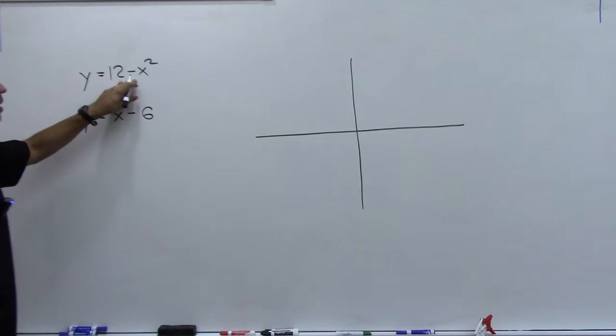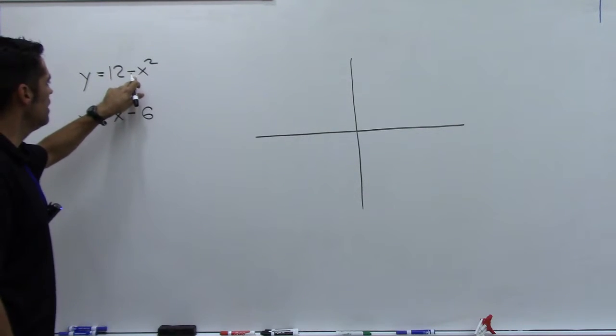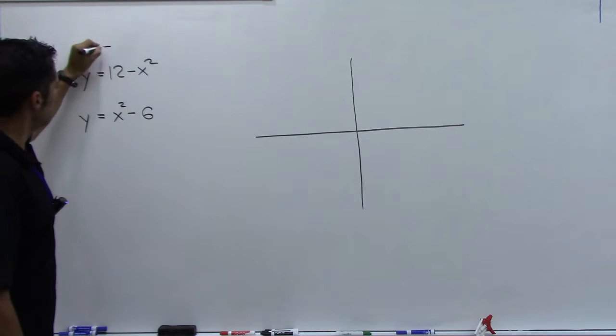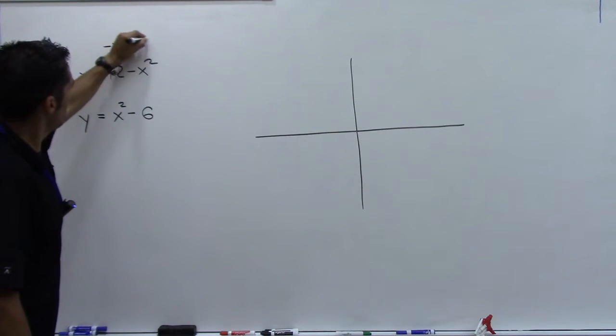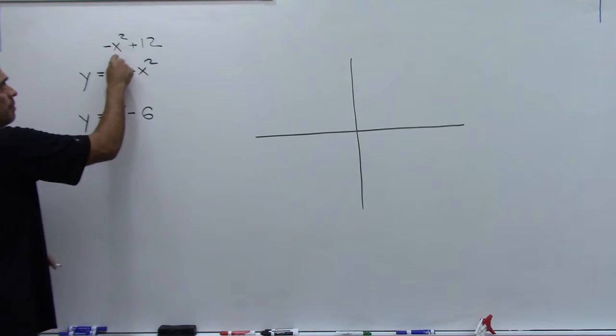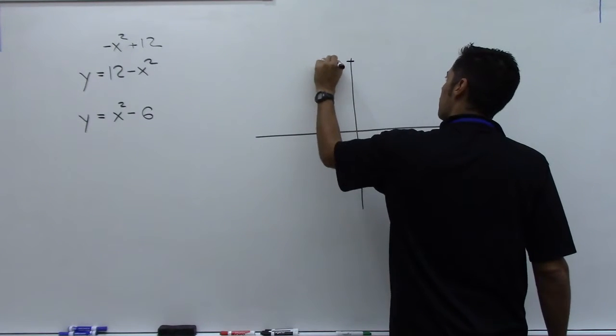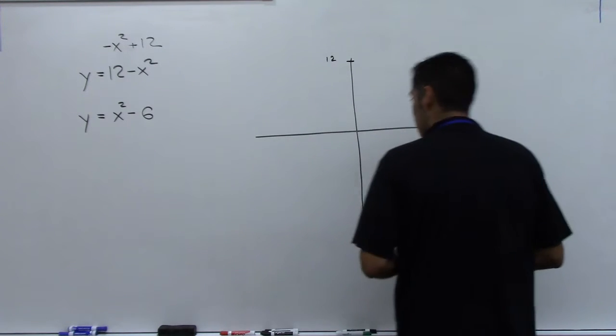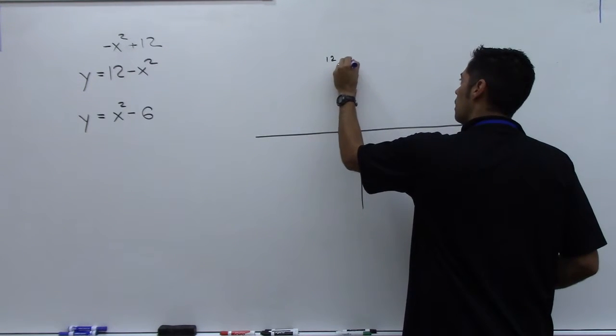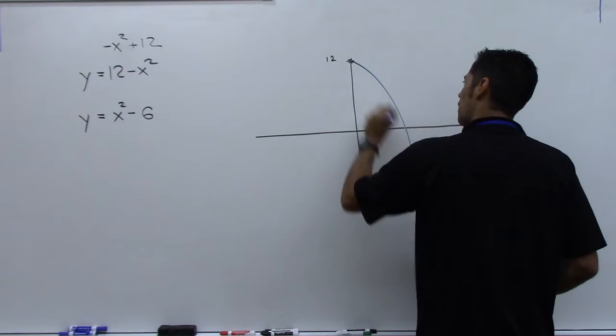This one, parabola, opens down because of the negative, and it's moved up 12. So you could also write it like this. So parabola opens down, move it up 12. So way up here at 12, I have this parabola. I may as well draw it in blue now. It goes like this.